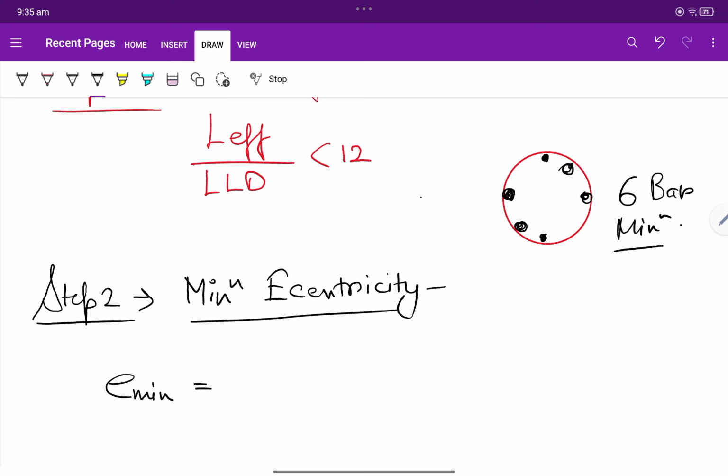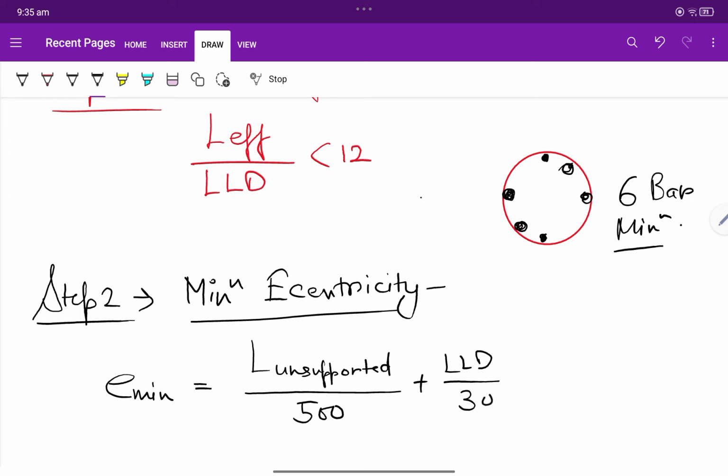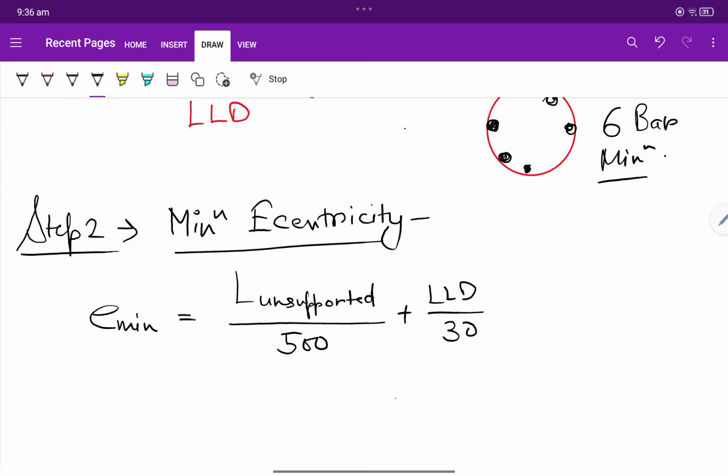The e minimum formula is unsupported length, L unsupported, divided by 500, plus least lateral dimension divided by 30, or 20 mm, whichever is maximum.